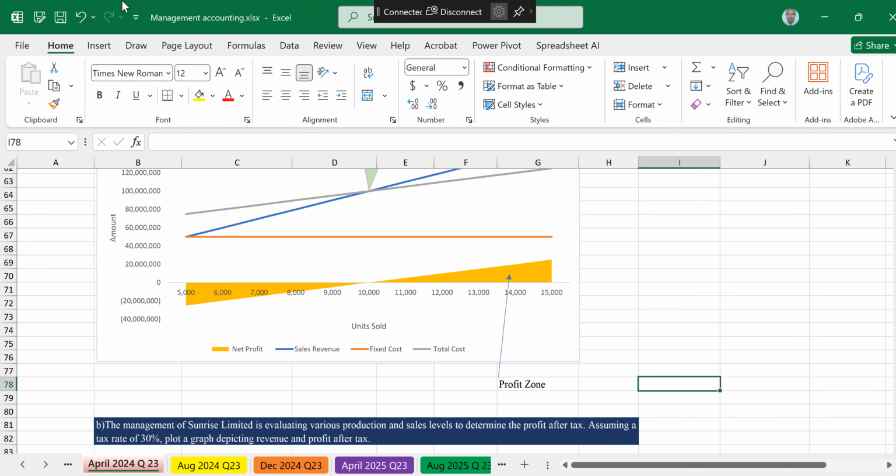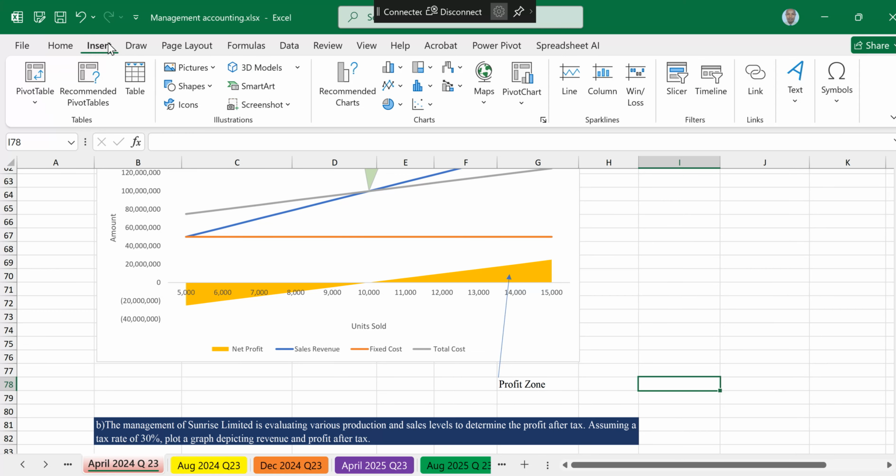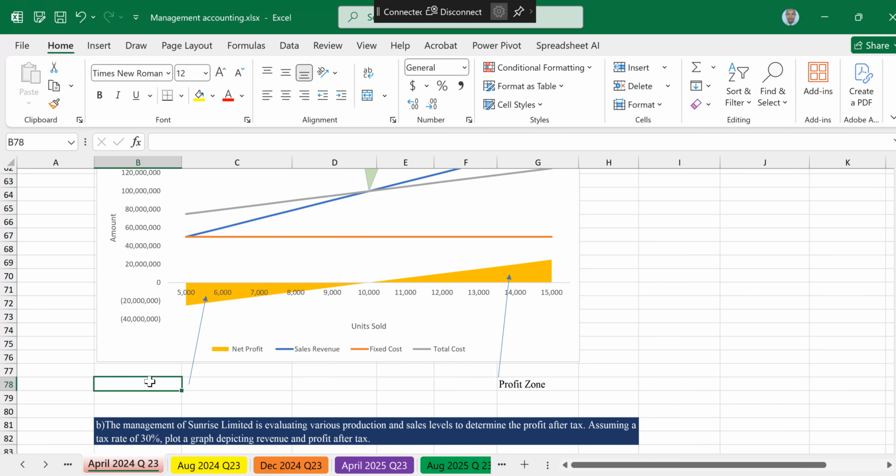Same thing again: insert, shapes, lines, the arrow. Draw another line facing that, then this will be the loss zone. So we have the profit zone and the loss zone as indicated.